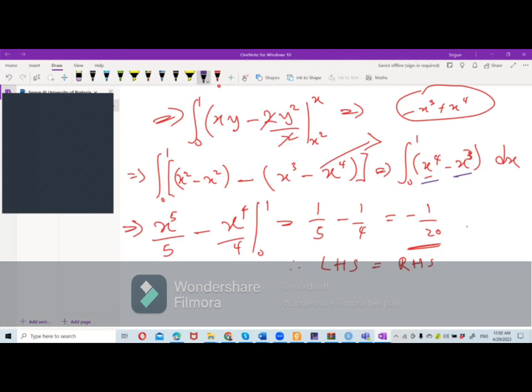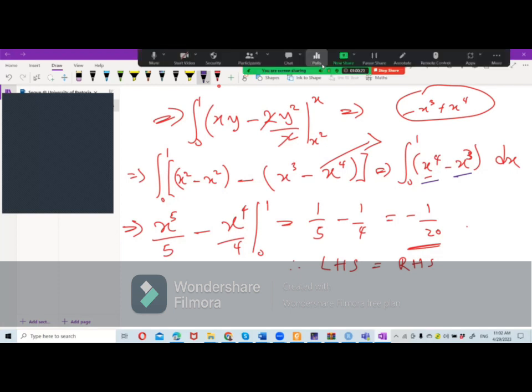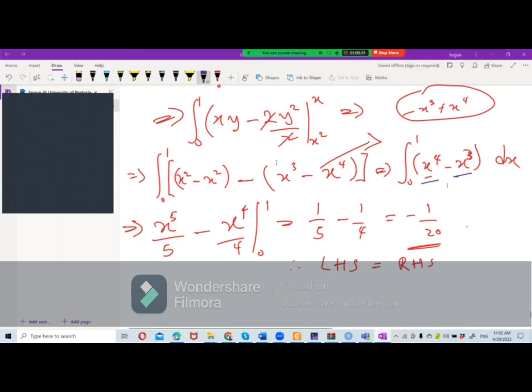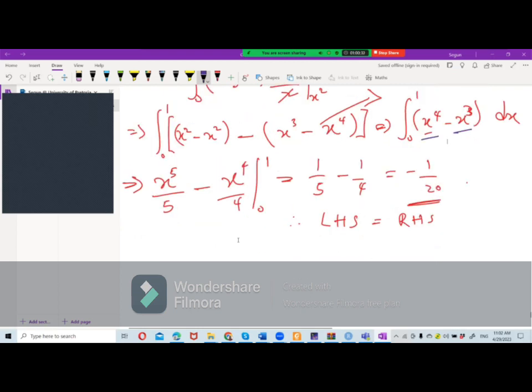When you integrate x raised to power 4, you have x raised to power 5 over 5. Am I communicating? Then when you integrate x raised to power 3, it will be x raised to power 4 over 4. Any question?